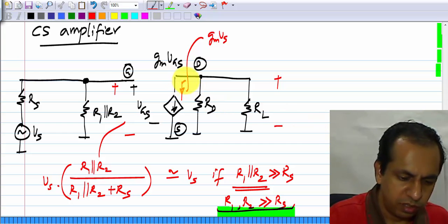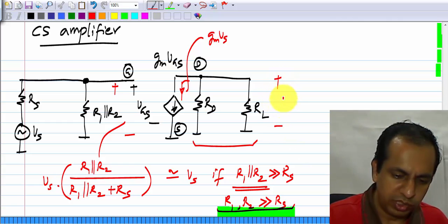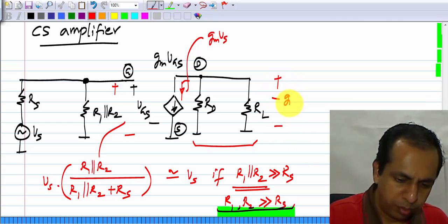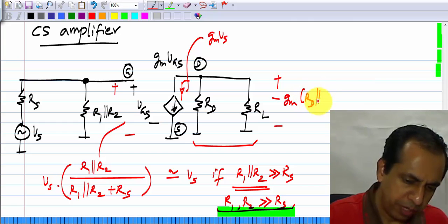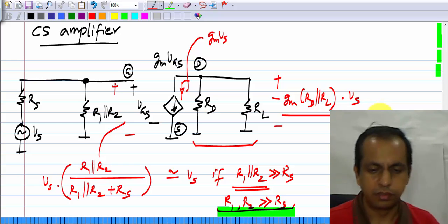This current goes into the parallel combination of Rd and RL. So, the voltage in this polarity is given by minus Gm times Rd parallel RL times Vs.